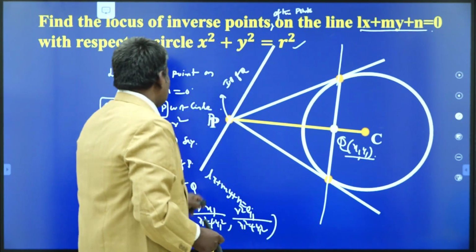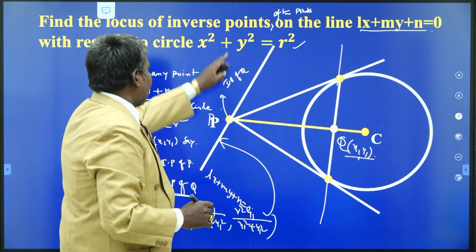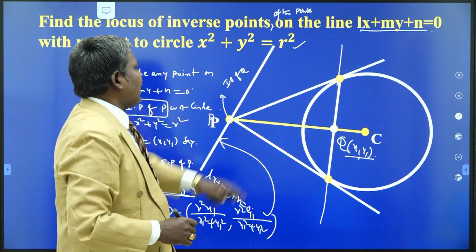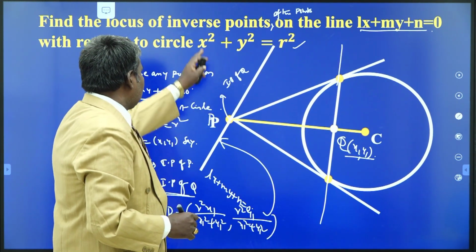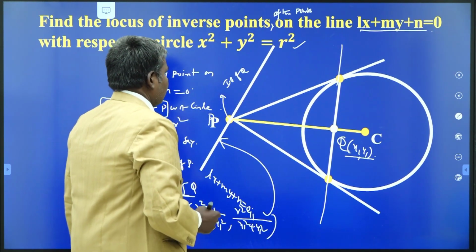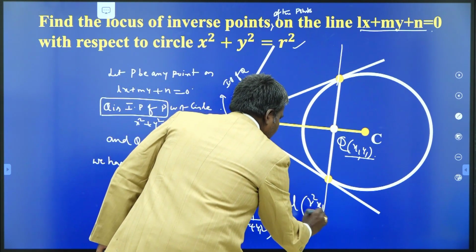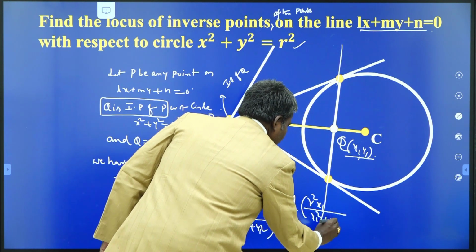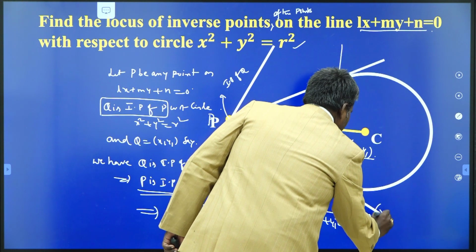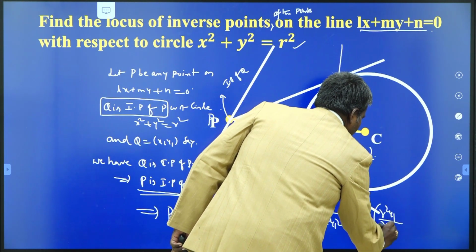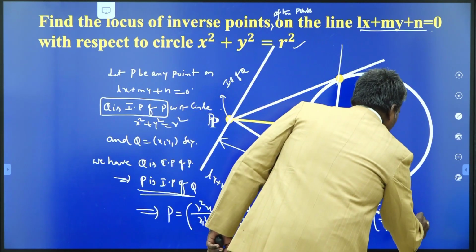This is the point P which lies on what? This is my line. This is on the line. What is that? My line Lx plus My plus N equal to 0. You just substitute this point on that line. We obtain the required locus. L into r square x1 by x1 square plus y1 square plus m into r square y1 by x1 square plus y1 square plus n is equal to 0.